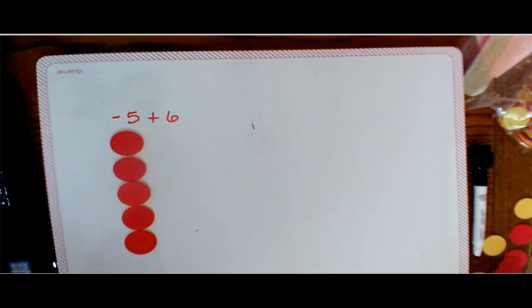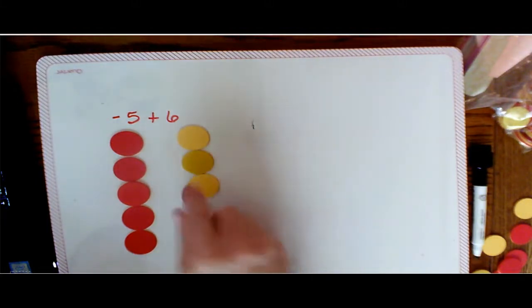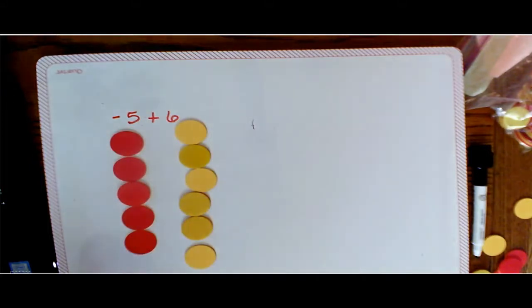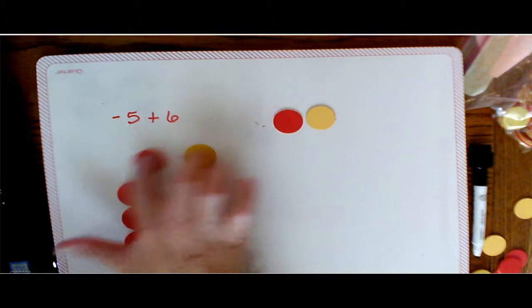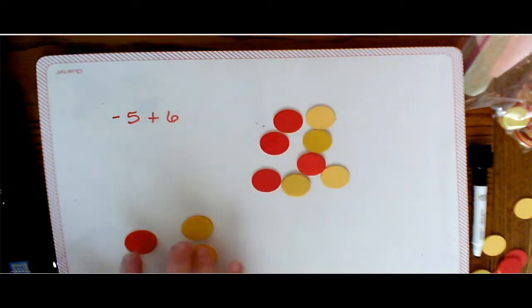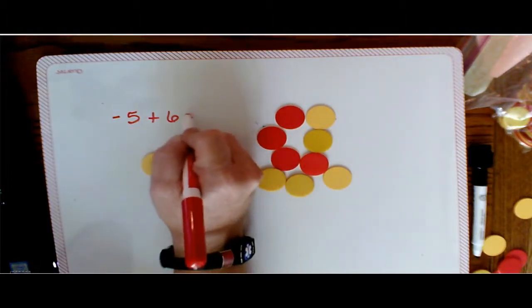Okay, so now I need to add a positive 6. 1, 2, 3, 4, 5, 6. Now I need to find my 0 pairs. And that leaves me with positive 1.